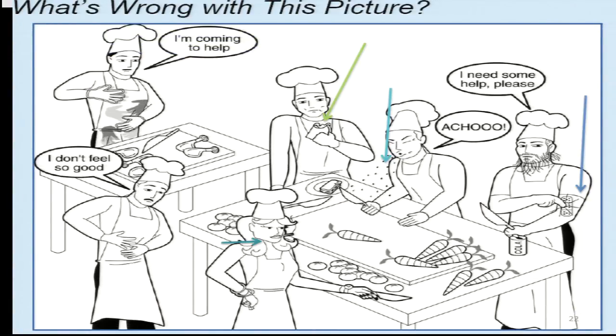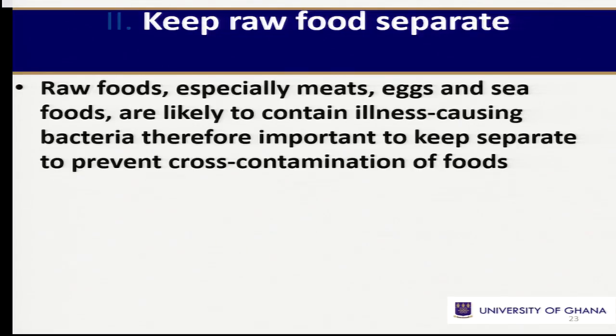Then what's wrong with this picture that we are seeing? Somebody has a saw there and is touching the food. This is not healthy. In the food processing unit, this shouldn't be encouraged. So study this diagram carefully, and you should be able to tell some of the wrong behaviors that people do, and then we try to overcome them.